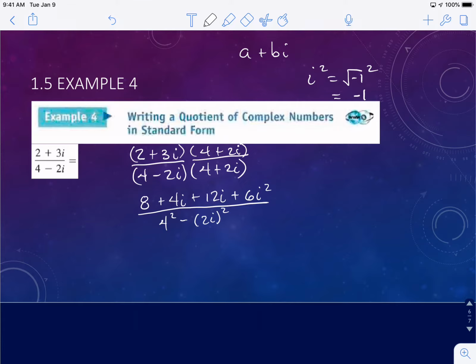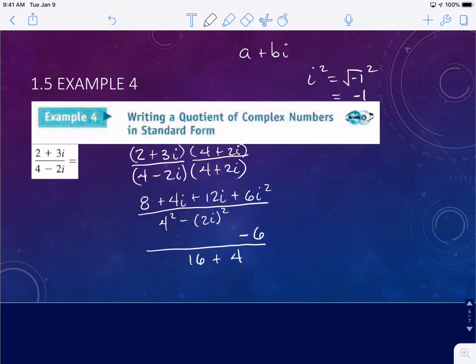So we'll be using that information there, and so that makes 6i squared negative 6, because that's just basically 6 times negative 1. And same with 2i squared, that bottom part is going to end up being a negative 4, so negative negative makes that positive. So we get 4 squared, which is 16, plus 4.